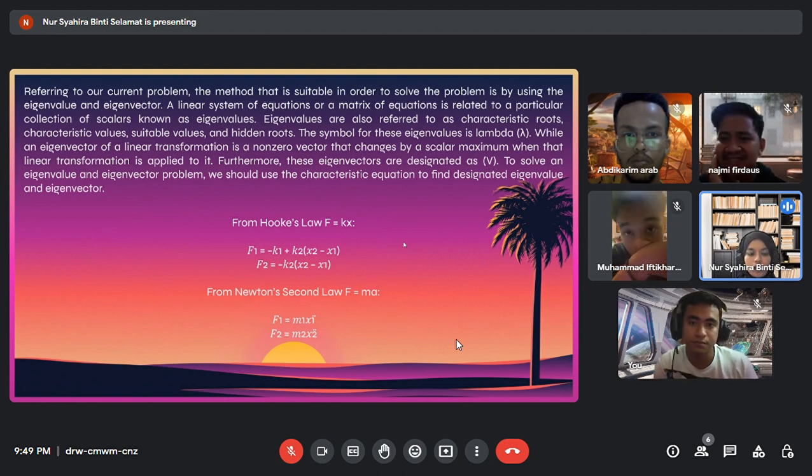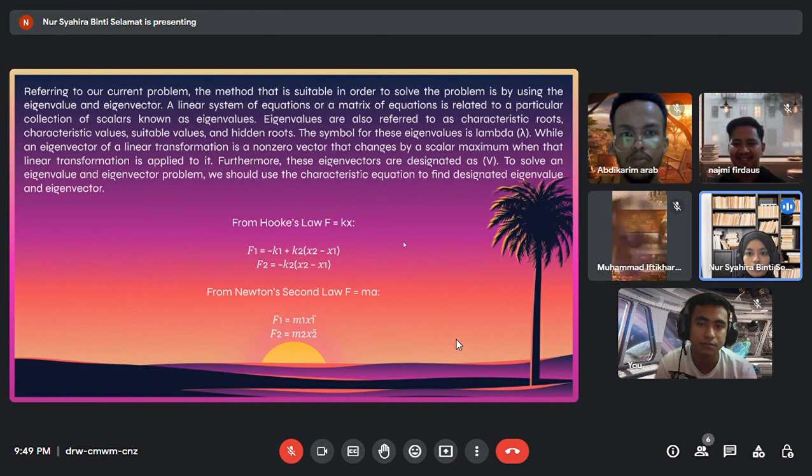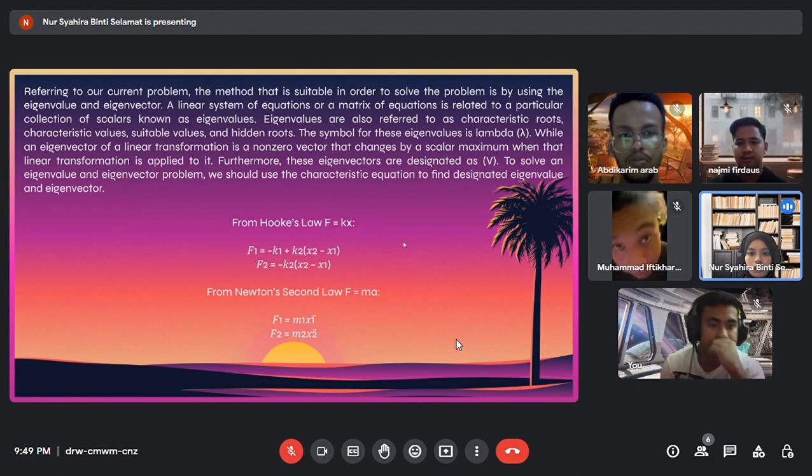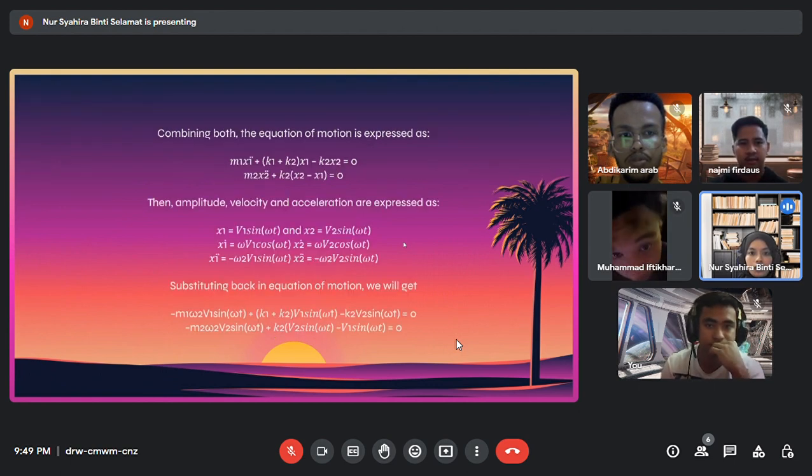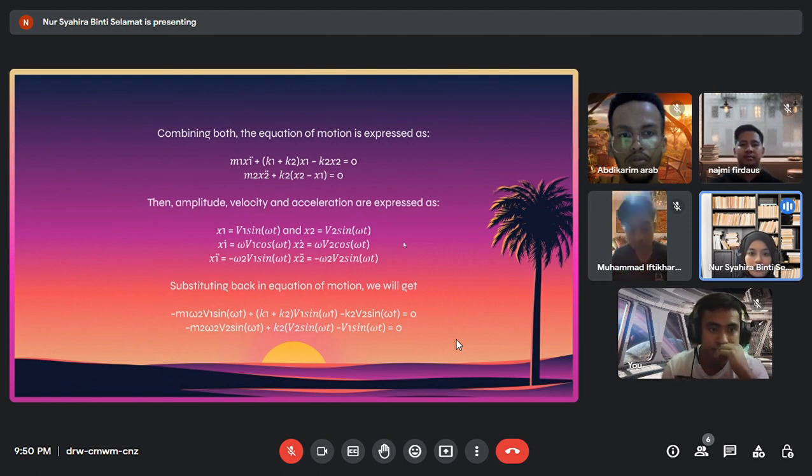To solve an eigenvalue and eigenvector problem, we should use the characteristic equation to find the eigenvalue and eigenvector. So we can start from Hooke's law, F equals kx. Then we use Newton's second law, F equals ma. Combining both, we have the equation there. Then amplitude, velocity, and acceleration, we can express them.